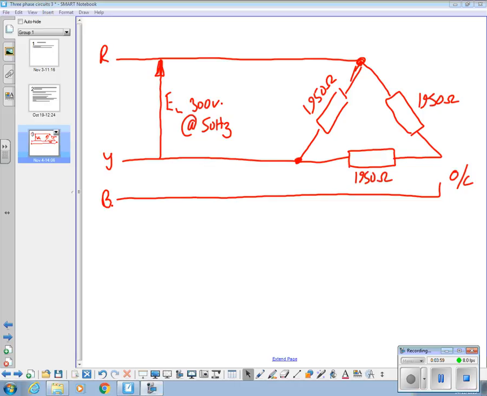What we've got is a 1950 ohm resistor here, in parallel with these two in series. Yeah. So what we're suggesting here is you can simplify this diagram to this. 300 volts.